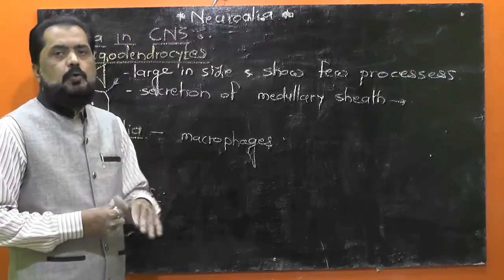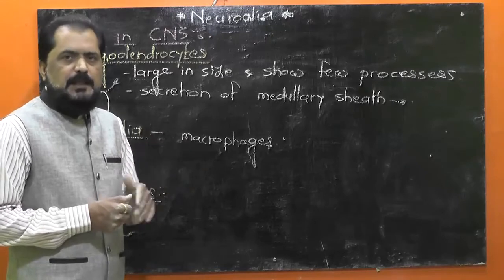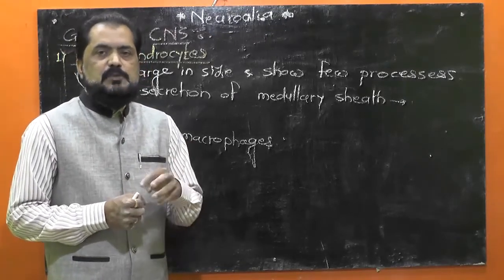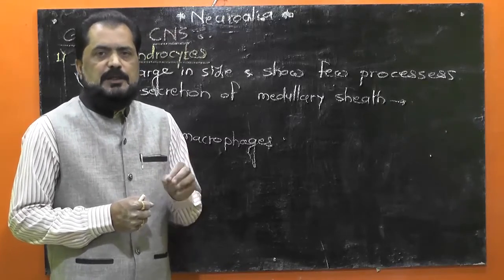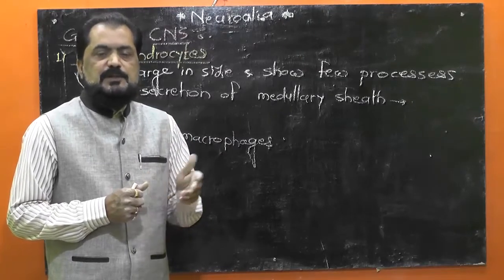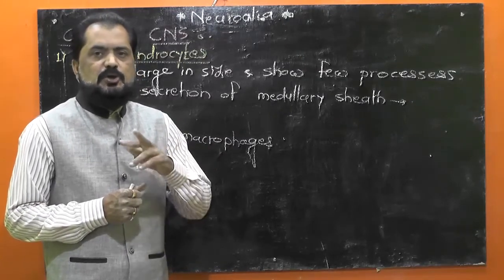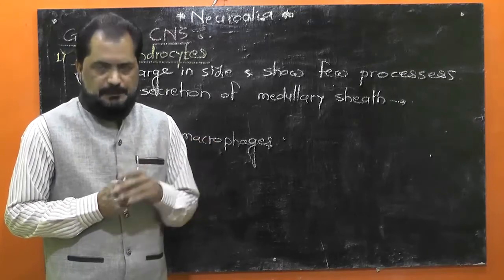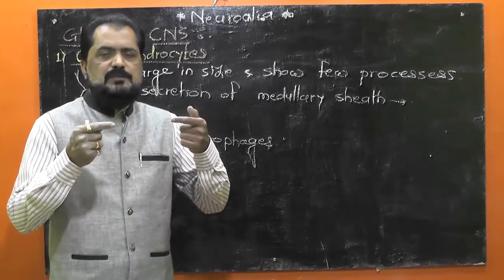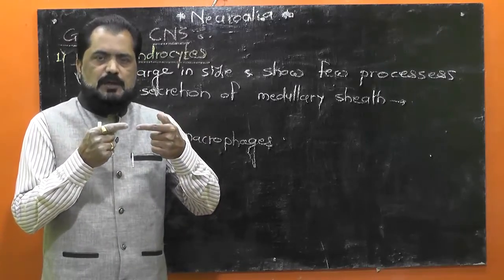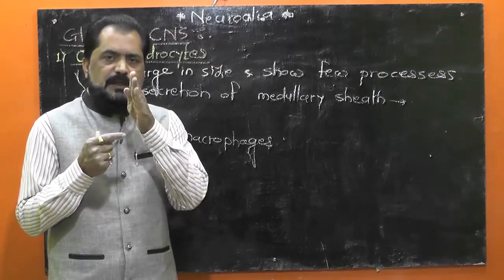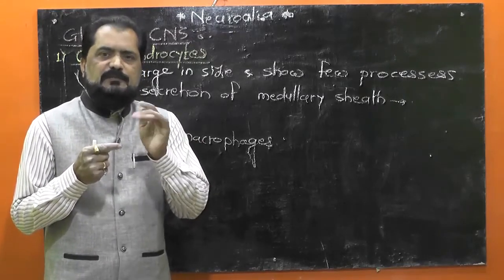Astrocytes have a varied role in brain, but mainly these cells are responsible for the secretion and absorption of neurotransmitter in the brain. Neurotransmitter means the chemical substance which facilitates the transmission of nerve impulse across the synapse. Synapse काय आपण पुढे शिकणार आहोत, पण दोन नर्व सेलच्या जंक्शनला आपण सिनॅप्स म्हणतो आणि अर्थातच त्या सिनॅप्सच्या ठिकाणी दोन नर्व सेल्स मध्ये जी बारीक गॅप आहे तिला आपण सिनॅप्टिक क्लेफ्ट म्हणतो.